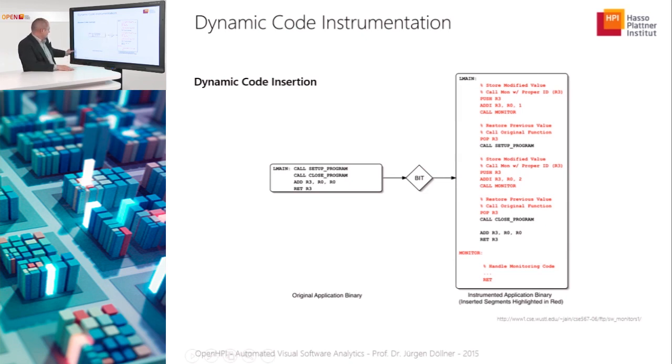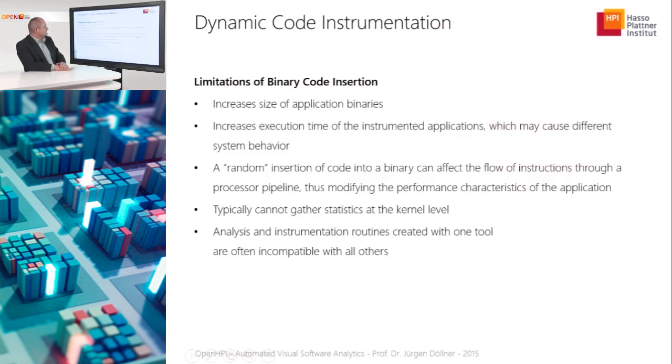The limitations of binary code insertion include size: the size is increasing and application binaries get large. Execution time increases, because according to the degree of injection it may cause different system behavior as the runtime characteristic changes.